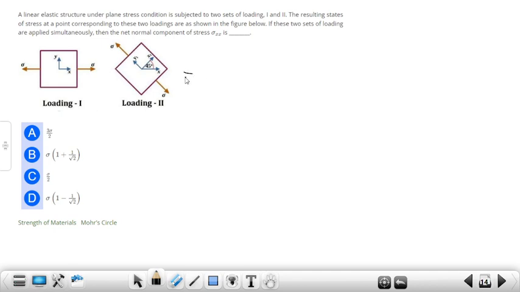This resulting will produce this angle theta equal to 45 degrees.